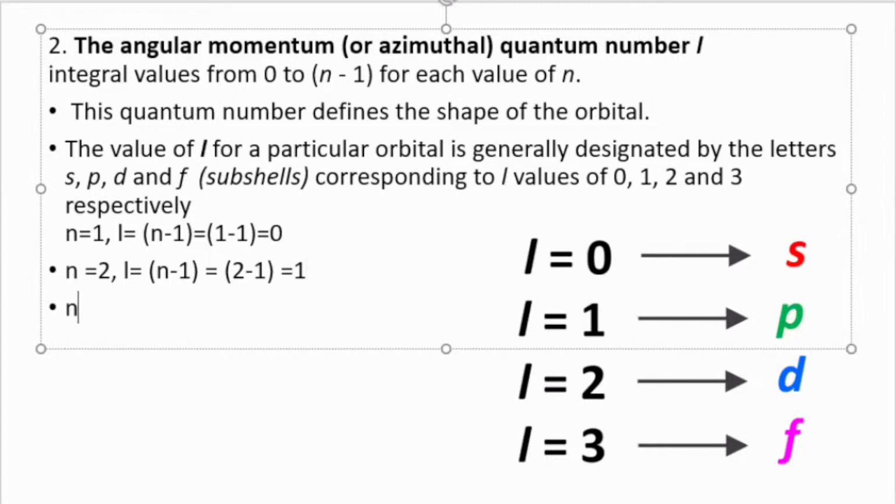Then n is 3. So we can get L is n minus 1 is equal to 3 minus 1.